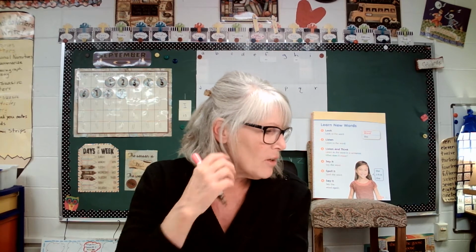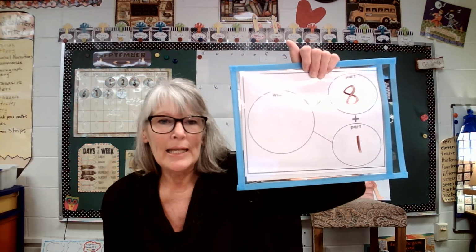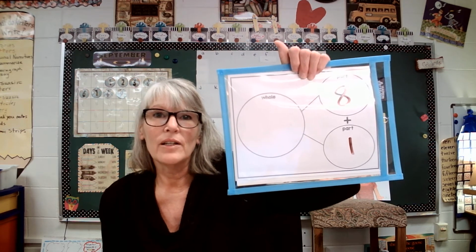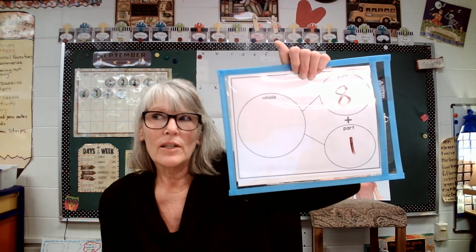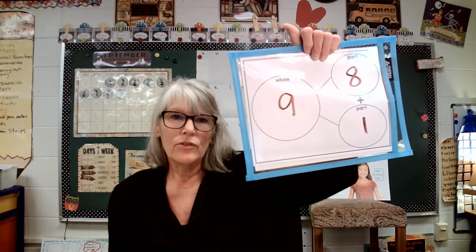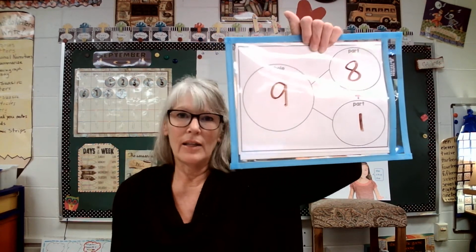All right, let's stick though with our within 10 numbers. I just wanted to see how that looked. So if I have 8 and I add one more, what is my answer? What comes right after 8? Did you say 9? And are you showing me your paper? I can see it.